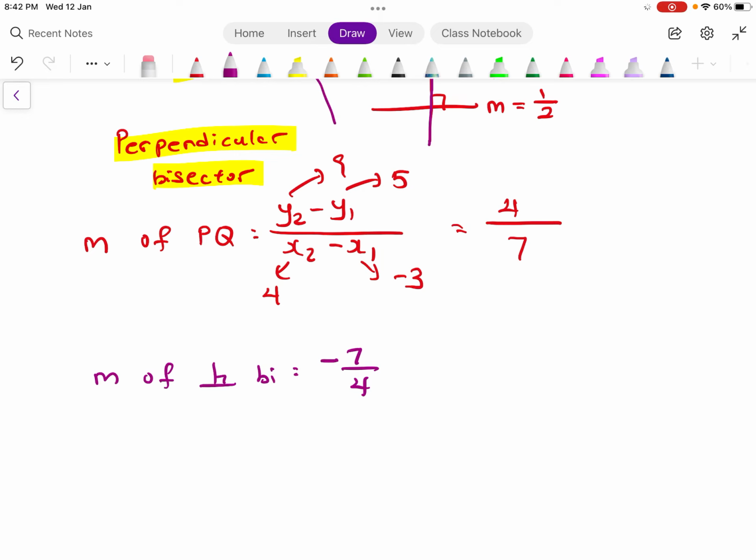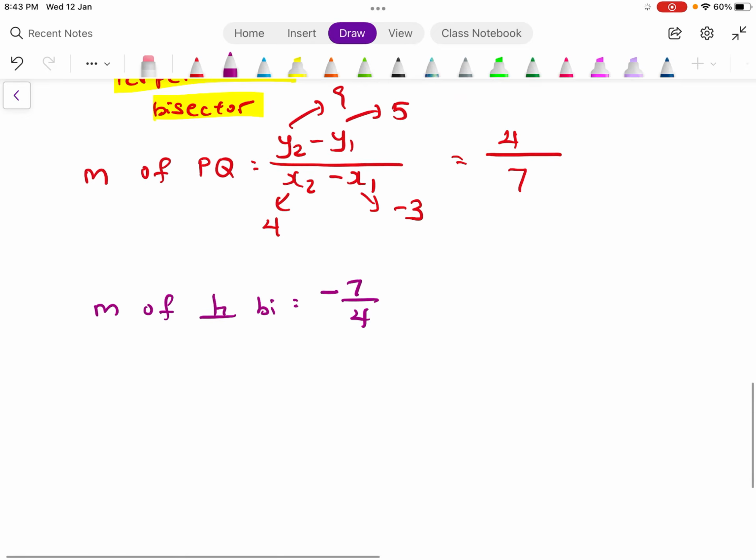After determining the gradient of the perpendicular bisector, you write down y equals mx plus c first, with the m value, x plus c. The next thing is to find the y-intercept, because whenever we want to write down the equation, two values are important: first is your gradient, second is your y-intercept.